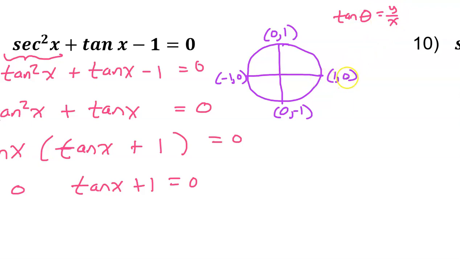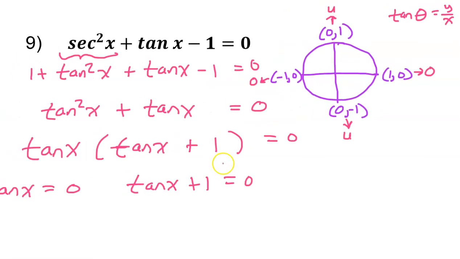So, y over x, so that would be 0 over 1. So that's going to give us 0. Okay, y over 0, 1 over 0, that is undefined. 0 over -1. That is going to give us 0. -1 over 0, that is undefined.